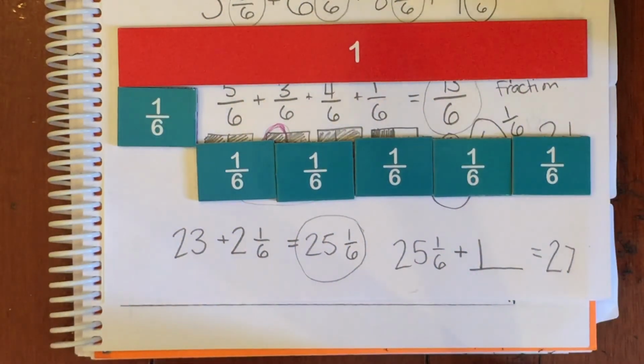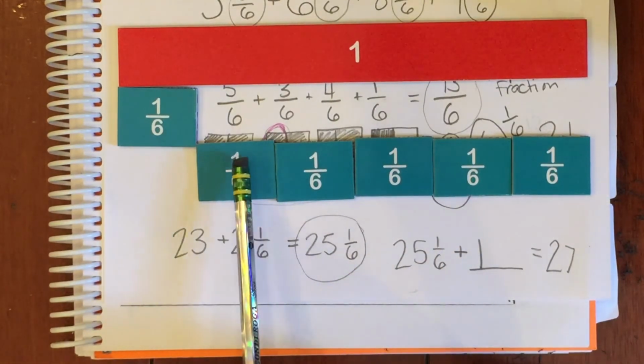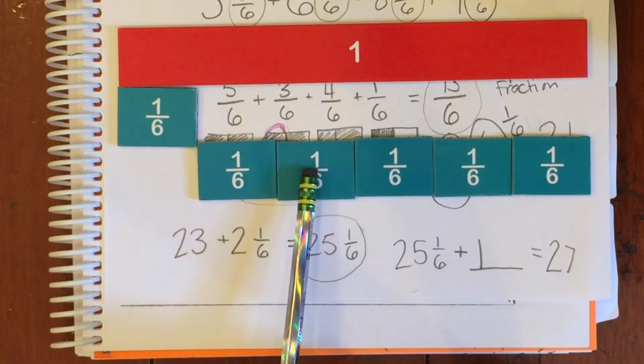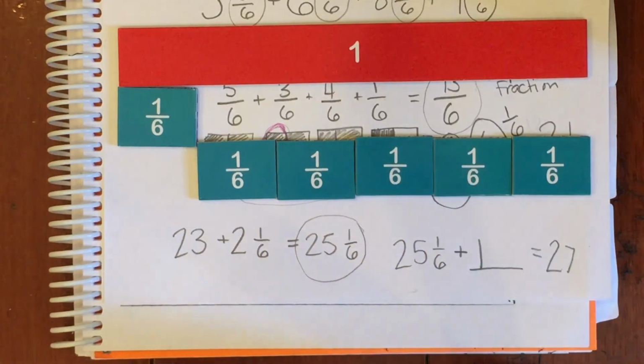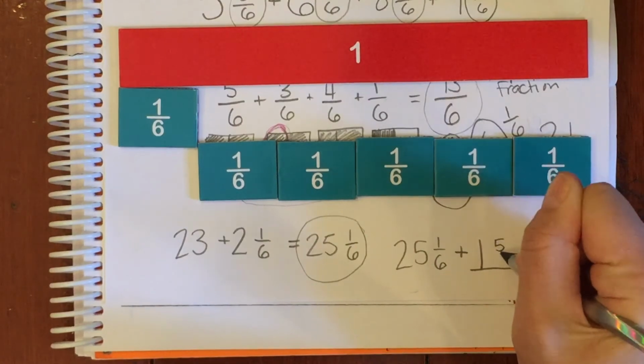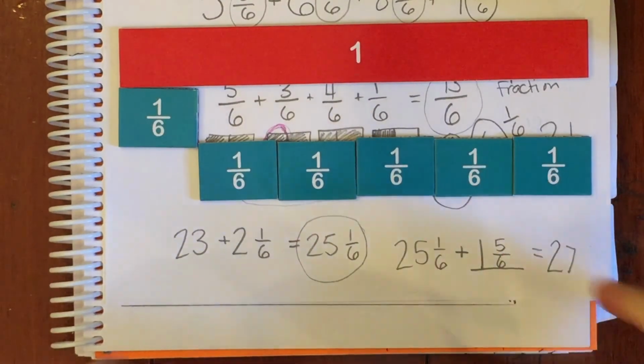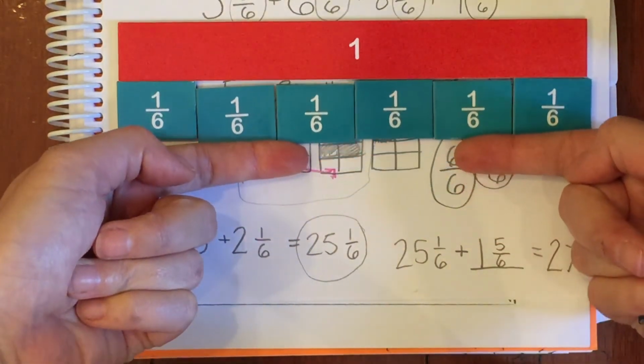All right, maybe you can see here, how much more would I need to add? 1/6 plus 1/6 plus 1/6 plus 1/6 plus 1/6. I would need to add 5/6 to now have a whole.